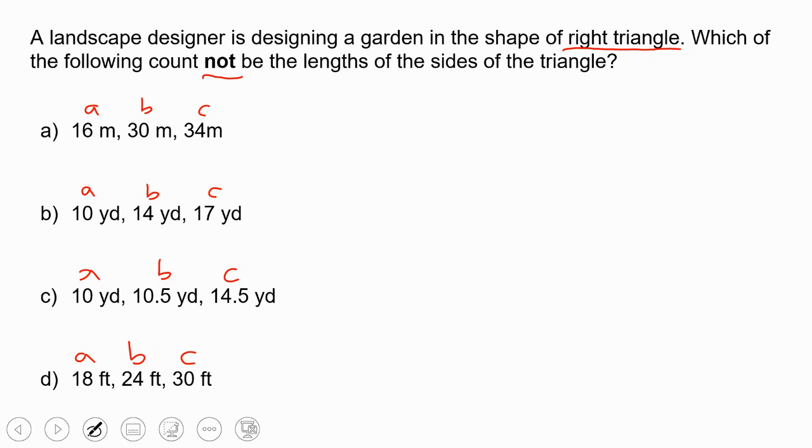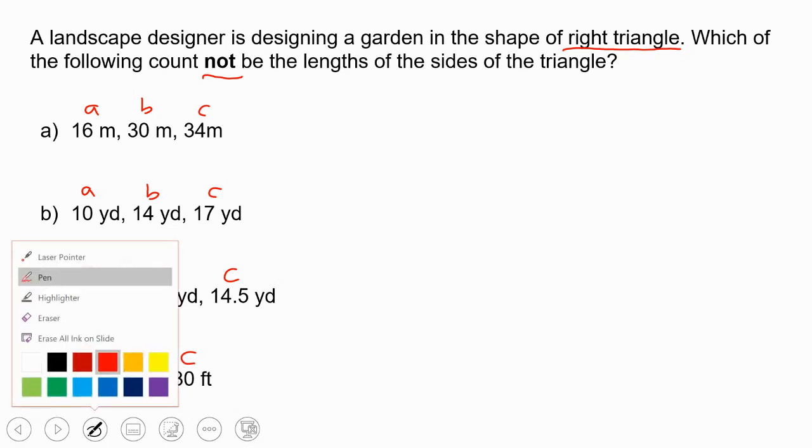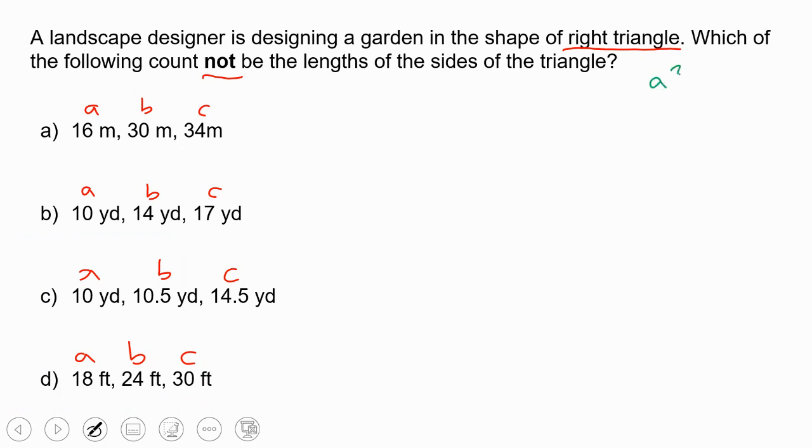Okay, and I know that I'm going to be using the same formula for each. A squared plus B squared equals C squared. Let me write that over here. So what I'm going to do is I'm going to take each one of these numbers and plug it into the formula that I have over here. So I'm just going to rewrite this as 16 squared plus 30 squared equals 34 squared.